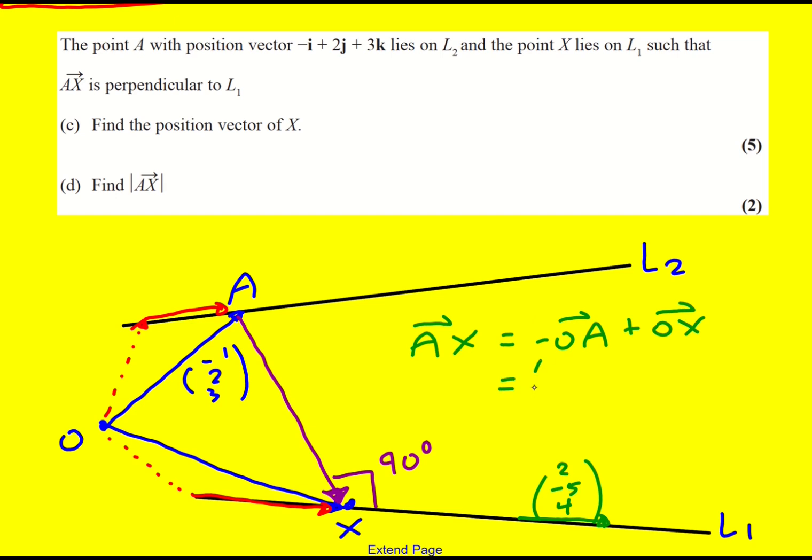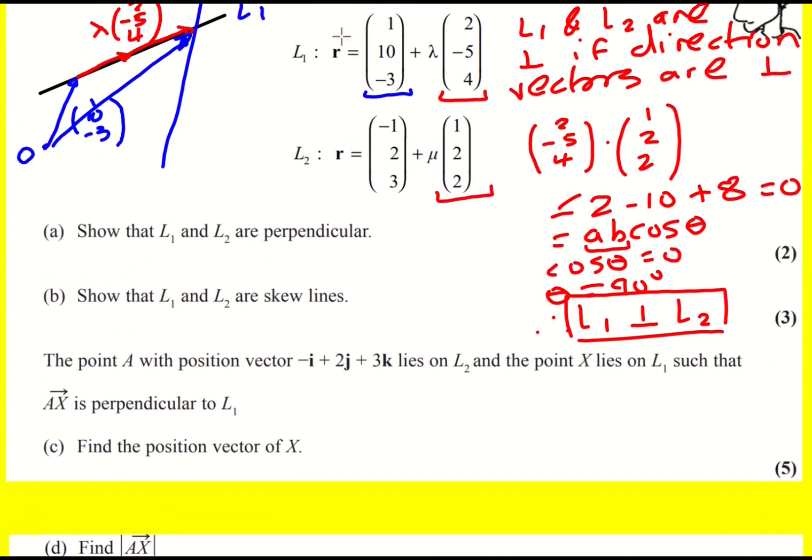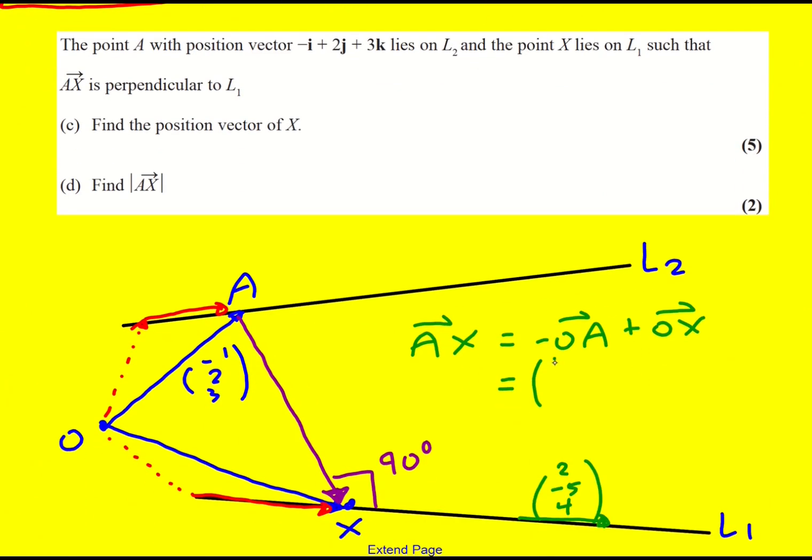And OX is, remember, this is just a point on L1, so I'm going to have some value of lambda with 1 plus 2 lambda and so on. So I can say that it is 1 plus 2 lambda, then it's 10 minus 5 lambda, minus 3 plus 4 lambda.